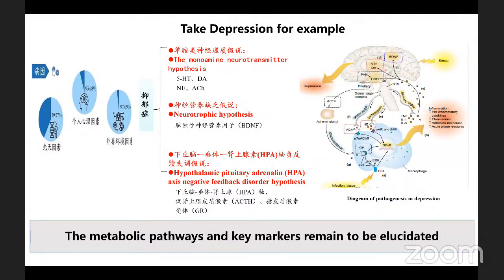The neurotransmitter hypothesis, the neurotrophic hypothesis, and the negative feedback disorders are the main factors in this disease, while the metabolic pathways and key factors remain to be identified.